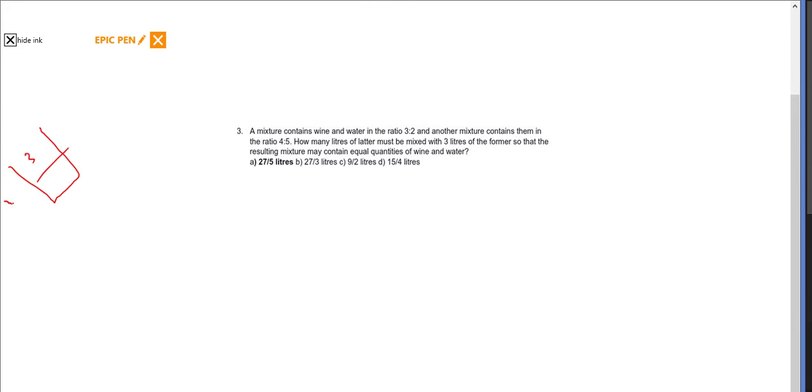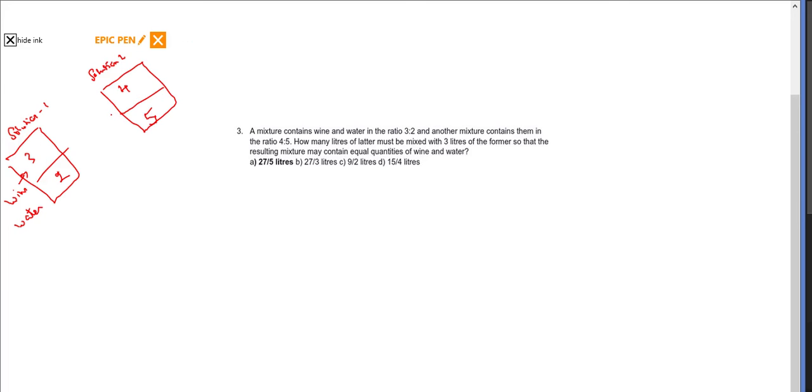parts wine. So this is wine, the upper portion, and the lower portion is water, right? Okay, so this is the first solution. Our first solution contains 3 parts wine and 2 parts water, and our second solution contains 4 parts of wine and 5 parts of water.